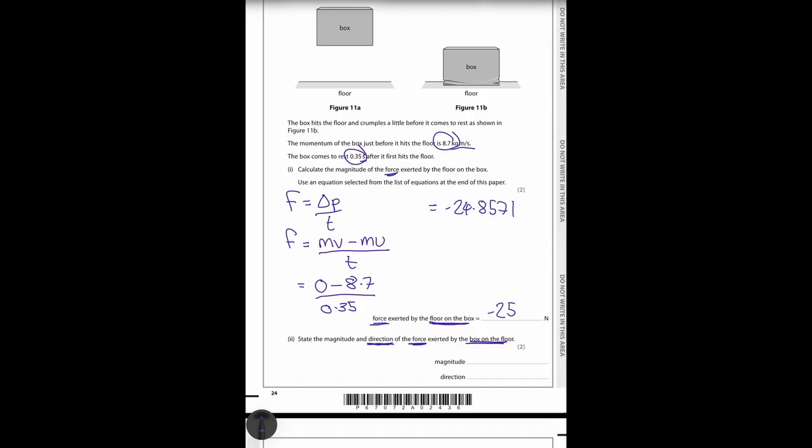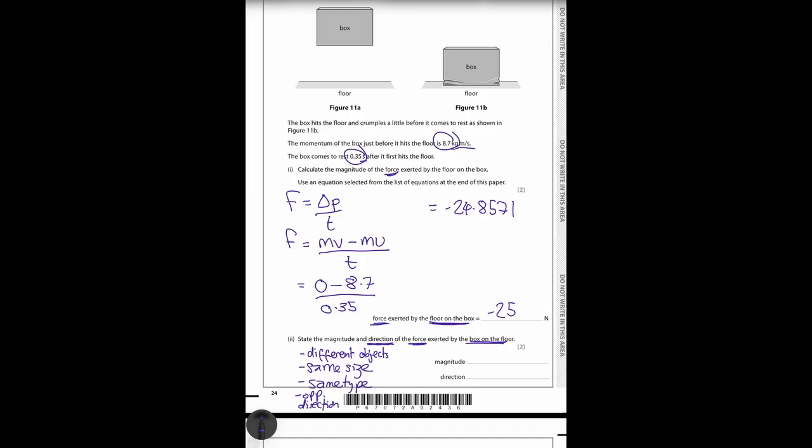So when there's any indication that there's a question about Newton's third law, I know that they're always going to be testing me on the same four things. The four things are that there are different objects, the same size of force, same type of force, and opposite direction.